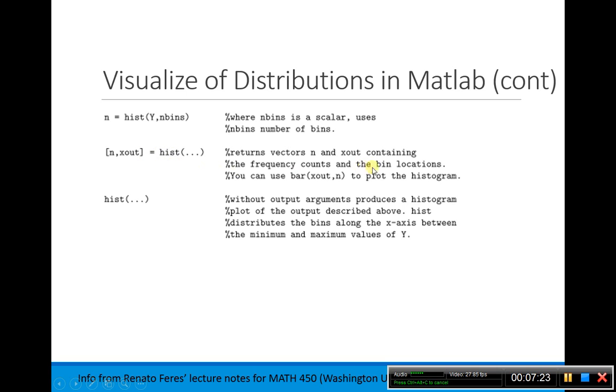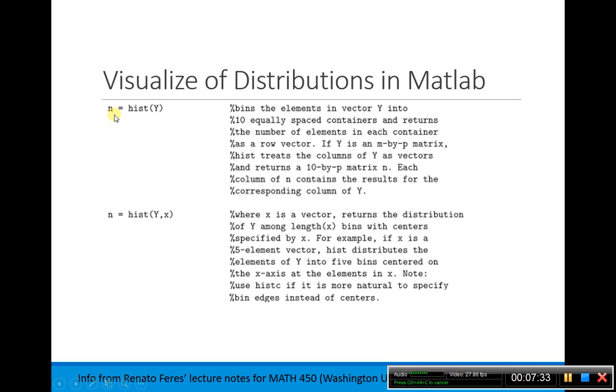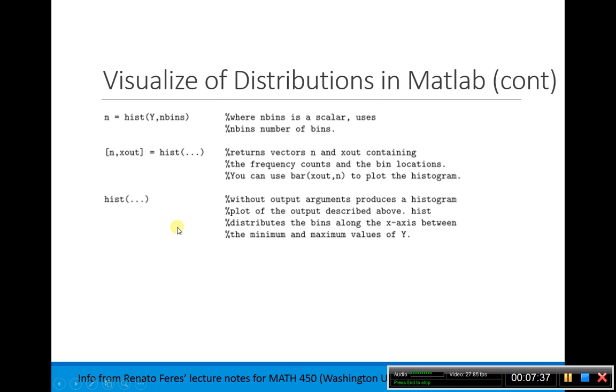This gives you the frequency counts in a bin, and this gives you the location of the bin. And if you don't put an output argument, so notice this all has n equals, if I just want to get a graph, I can just do hist of my y vector.